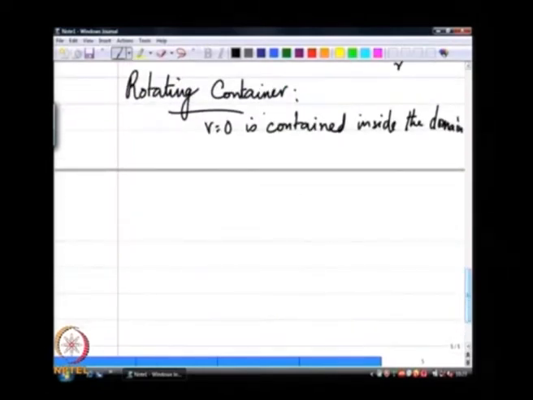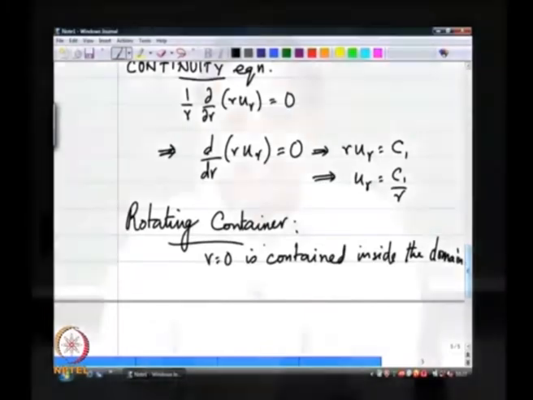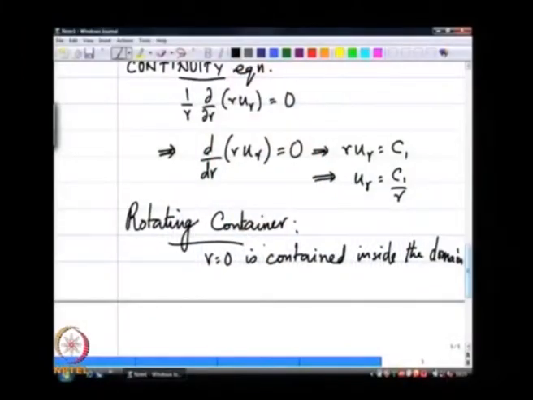If u r is of the form C 1 over r, and this is the only admissible form for u r, then if r equal to 0 is contained inside the domain, that amounts to an infinitely large radial velocity at the center line.